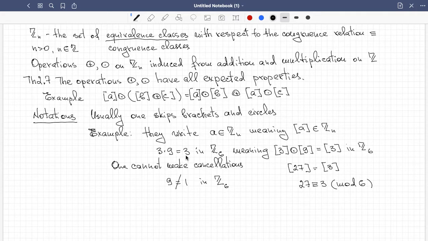So this is true while this is already false in Z6. Of course, when you write it this way, you have to very clearly specify where it is in Z6. In Z5, this is already not true. This is true in Z6, but not in Z5, for example.